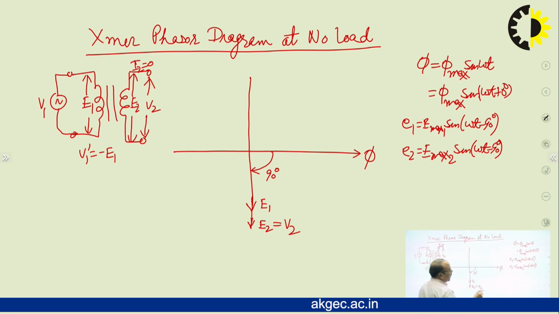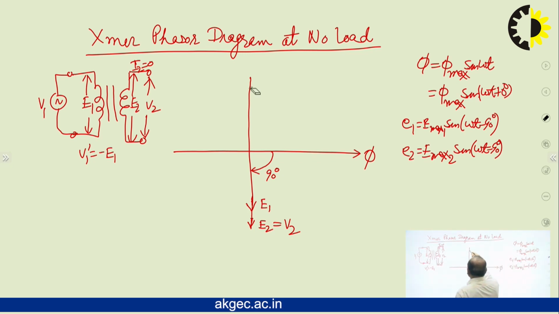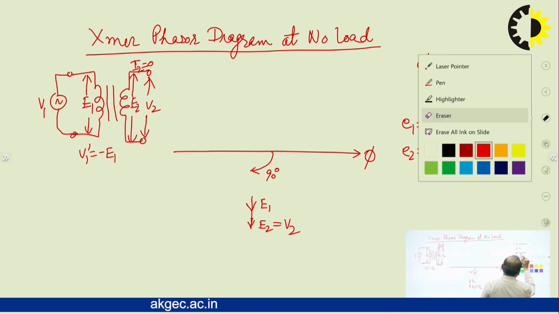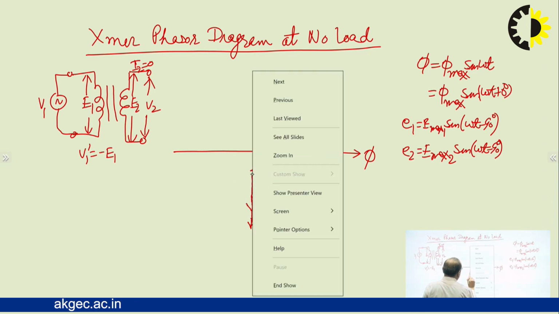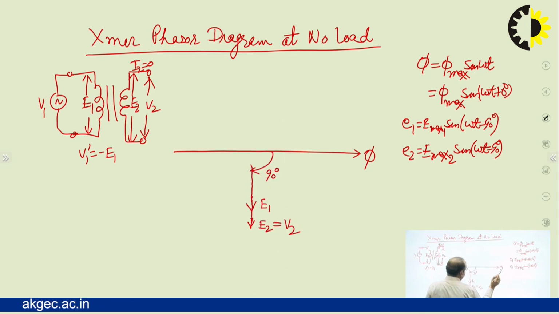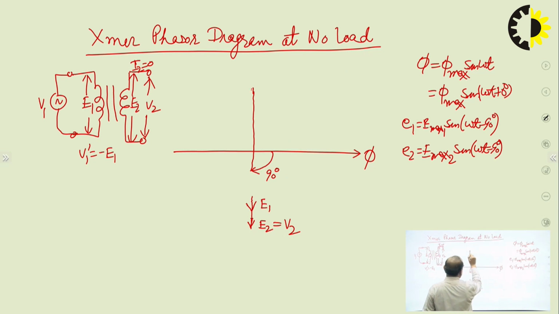So in this phasor diagram, we take this as V1 dash, which is minus E1.